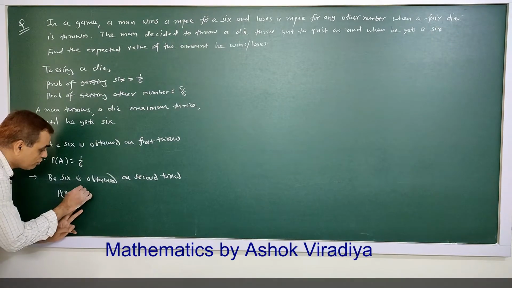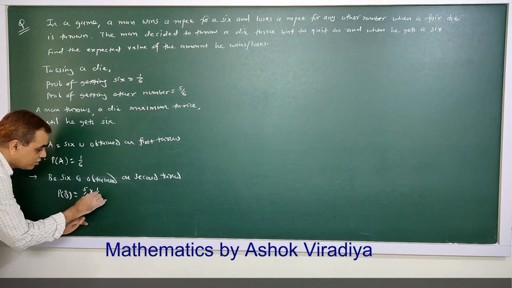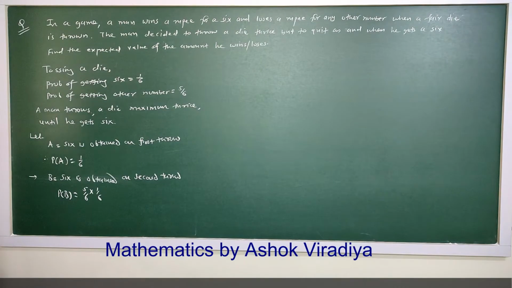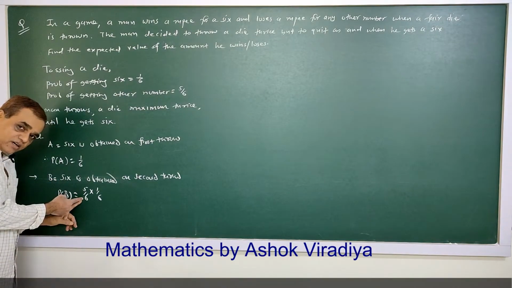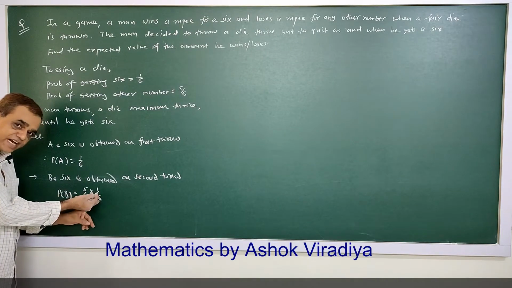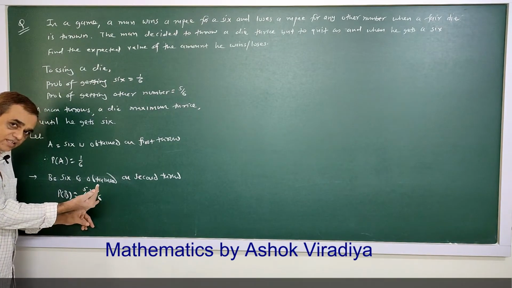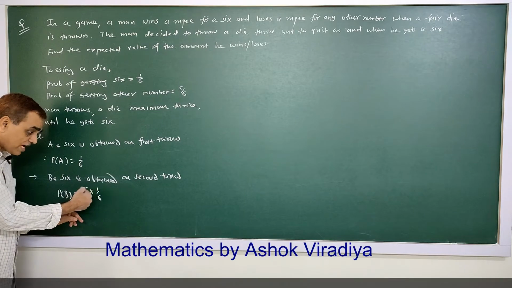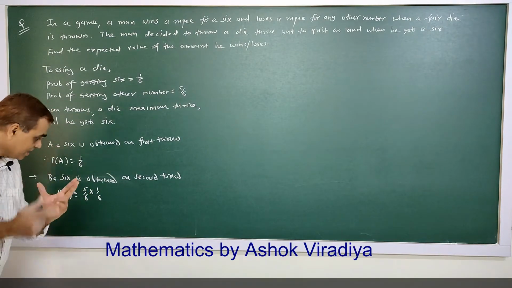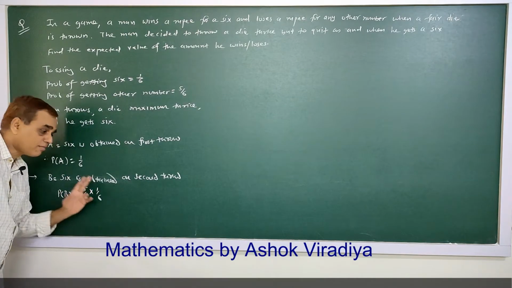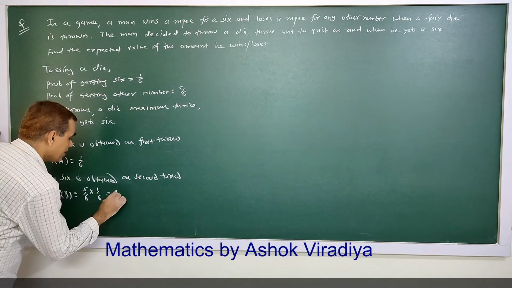So first throw probability is 5 by 6, second throw 1 by 6. See here, occurrence of 2 independent events simultaneously. Getting other number, then in the next action getting 6. So occurrence of 2 events and both are independent. So probability of occurrence of both events at a time is product of their individual probability. So this is 5 by 36.